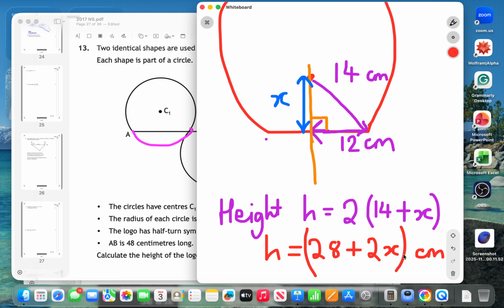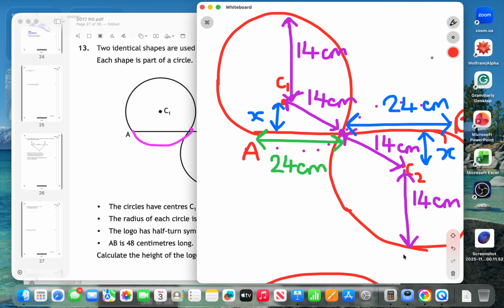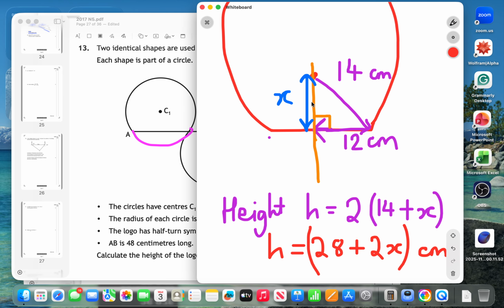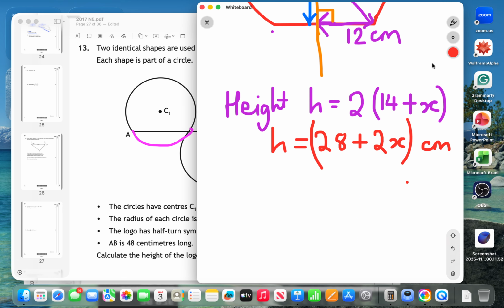I recommend pausing the video and looking at that again if that didn't make much sense, but look at these diagrams, the height of this shape and the height of this one. But this is right angled and we have to find x. What are we going to use? Easy question, Pythagoras theorem.